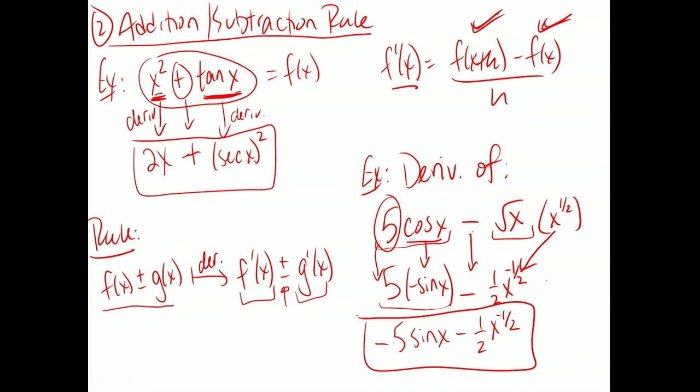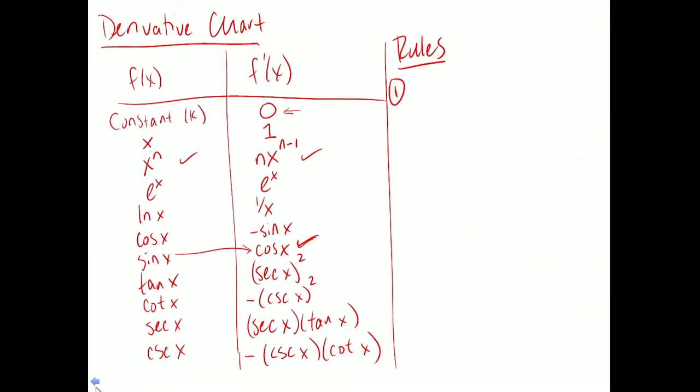Okay, so let me flash back now and add those 2 rules that we just did to our sort of growing list now of the derivative chart, which is to say now we can handle 2 of our 5 extensions. We have a coefficient rule, which says if you have a number times a function, then the derivative of that is just that number, that coefficient, and then do the derivative of the stuff with x's in it.